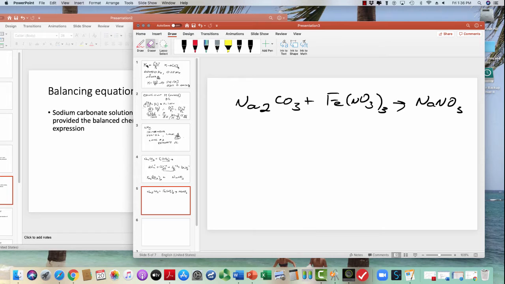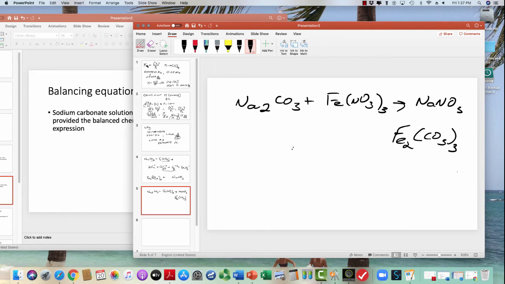You guys get to see and laugh at me because of my control of this program. I'm going to keep pressing the wrong button here. This pen's driving me nuts. So that's going to be Fe2(CO3)3.